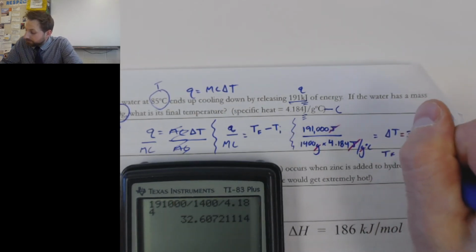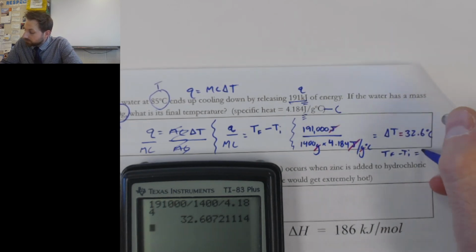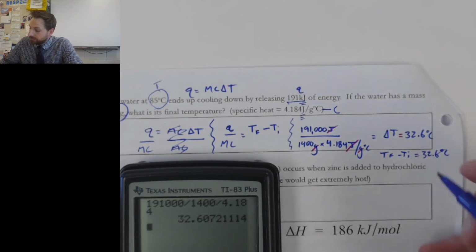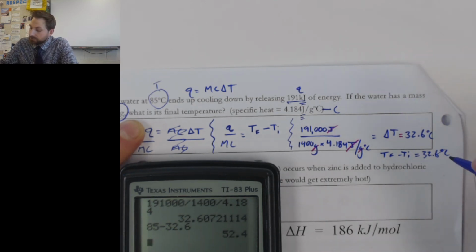So if I have TF minus TI equals 32.6 degrees Celsius, that's kind of where I need to go here. So subtract, right? 85 minus 32.6, is that right? 52.4, you guys good with that? All right, so 52.4 degrees Celsius is my final temperature.